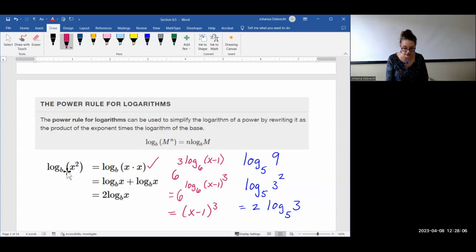So I can split this into the log base b of x plus the log base b of x. But these are identical logarithms. So that's 2 of the log base b of x. And this is why this property works. So this property is turning out to be, what is this, number 8, I think. So we're up to property number 8. I told you there's a lot of these.